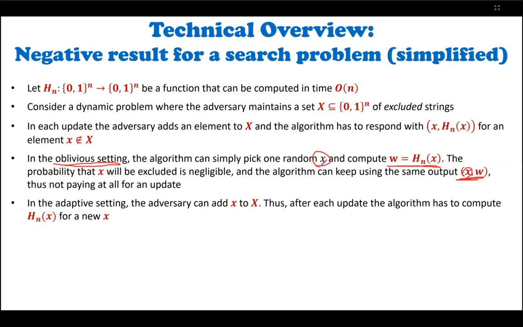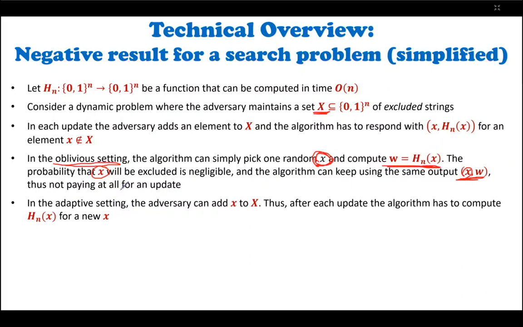The reason is that if x was chosen at random, then the probability in the oblivious setting that x will be included in the forbidden set big X is negligible as long as the size of the forbidden set is not too large, which we assume. So in the oblivious setting, all the algorithm needs to do is sample an element x, compute its hash value, and that's that. The algorithm won't need to compute new hash values throughout the execution.